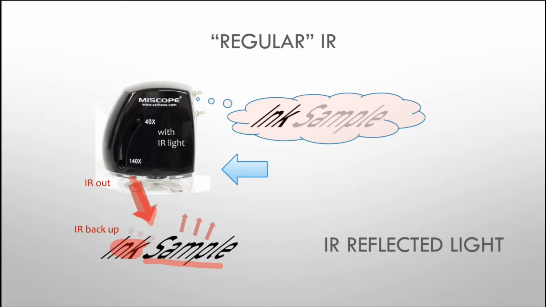And so what will happen is the MiScope will detect all of this, and it will see that ink in different colors. So it would see the first part of it darker because that was the part that was absorbing the infrared light, and the second part lighter because it was letting the infrared light through. And so what we'd see on the screen is these different words in different shades of gray, like this.